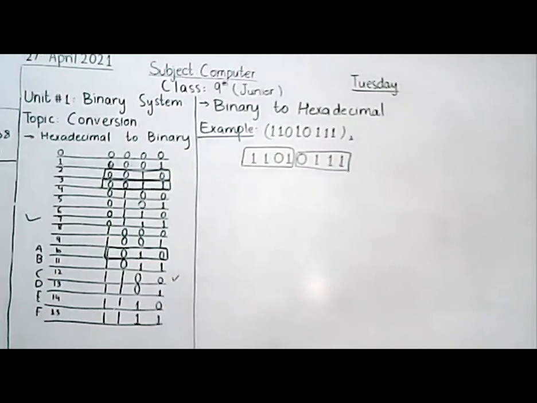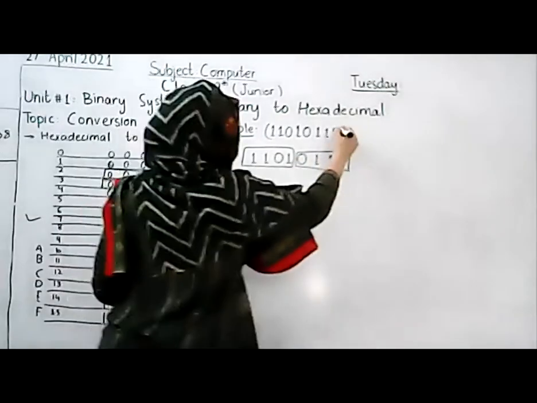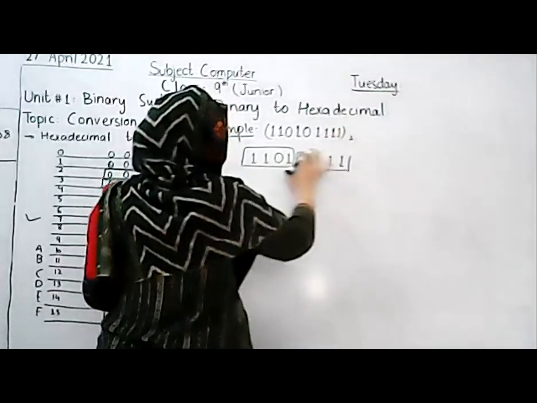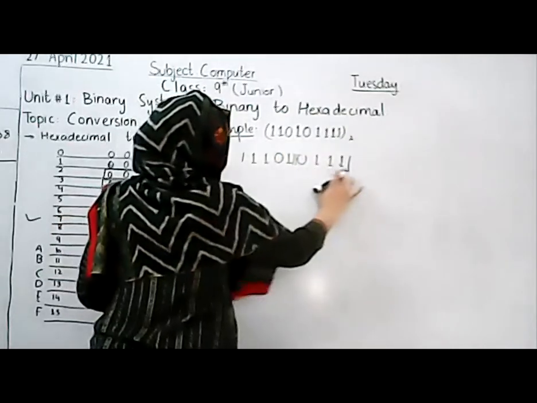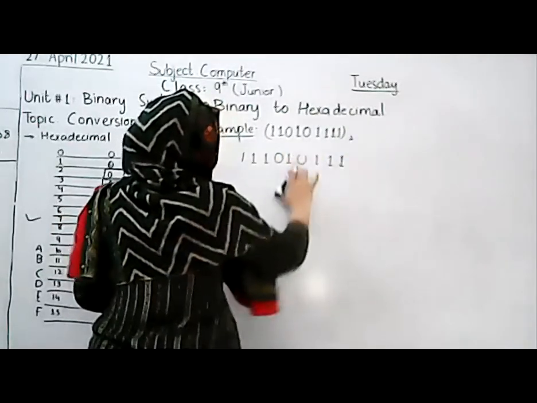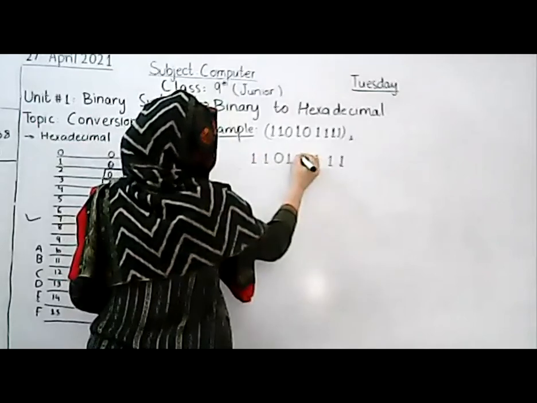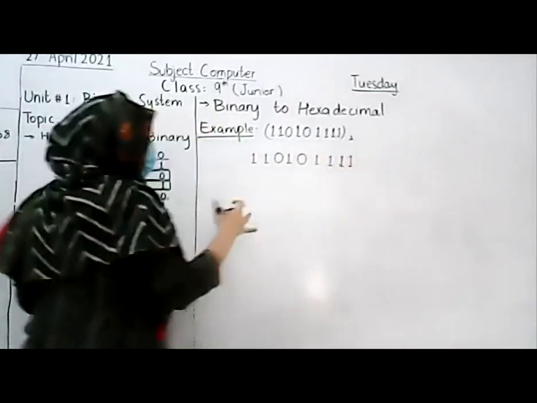Now we are going to find, okay, let's take a 1 here. I just add a 1 and now we will go for the pairing.